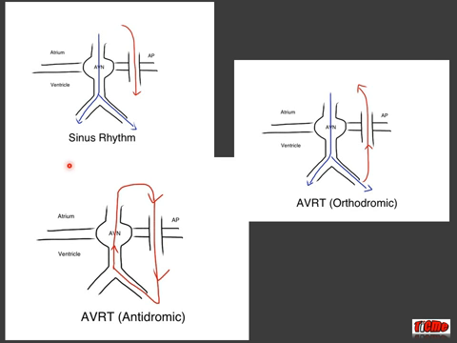So whatever the rate is in the atria will be transmitted one-to-one to the ventricle, and then we re-enter via the AV node and back again. This is a dangerous rhythm. This is antidromic AVRT. It's usually broad complex because the ventricle has been depolarized out wider, and so it takes longer to depolarize the whole ventricle than it would if it was depolarized via the bundles.